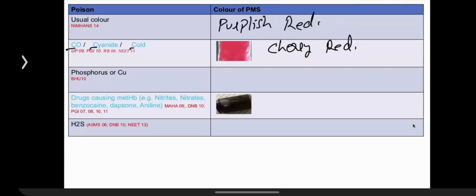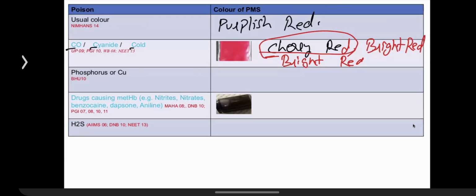Cherry red color is the same as brick red, same as bright red, or bright pink. These are all similar colors. So C, C, and C. Easy to remember. But if in your exam the question comes for cherry red, the first preference is always carbon monoxide.